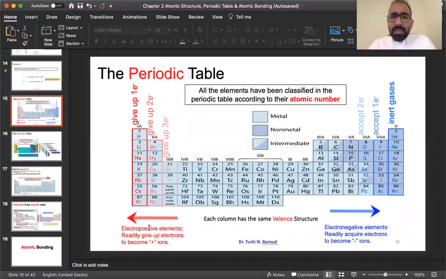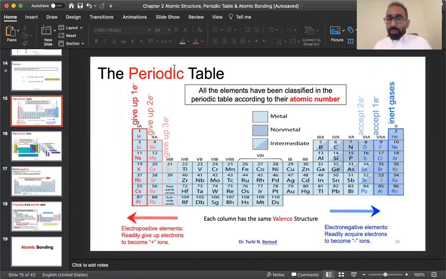Let me remind you that last time we said the inert gases are stable. Please, I want to say something, just keep it in your mind throughout the semester: the inert gases, the material in general, they would like to have the minimum possible state of energy.